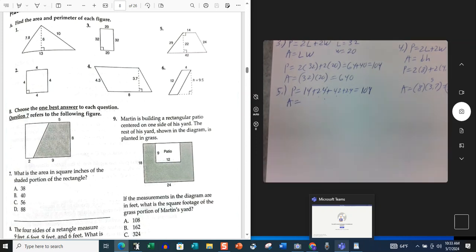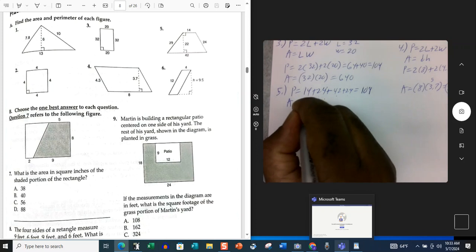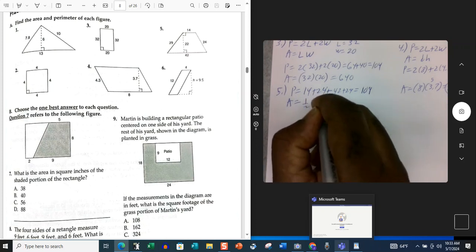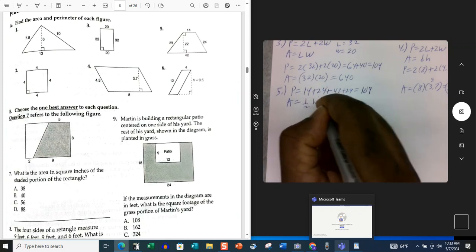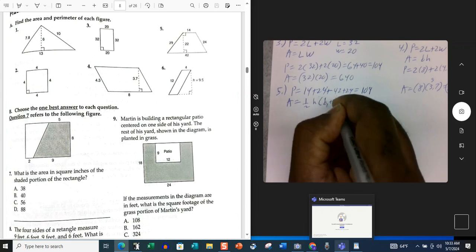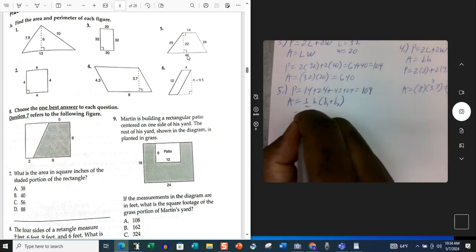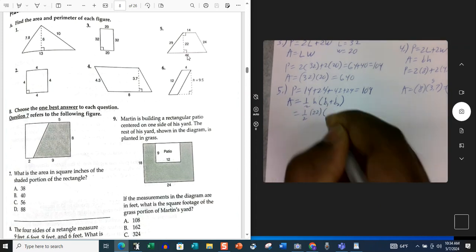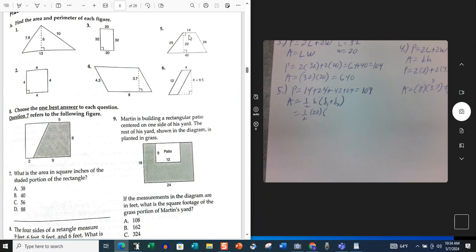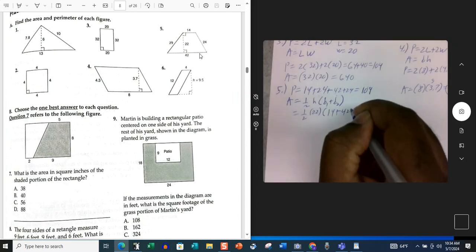Now the area of a trapezoid is 1/2 times the height times B1 plus B2. All right, so now we're going to go through and substitute. So first of all, we see the height here is 22. And then base 1, the top, is 14. The shorter side is base 1. Base 2 is the longer side, which is 42.